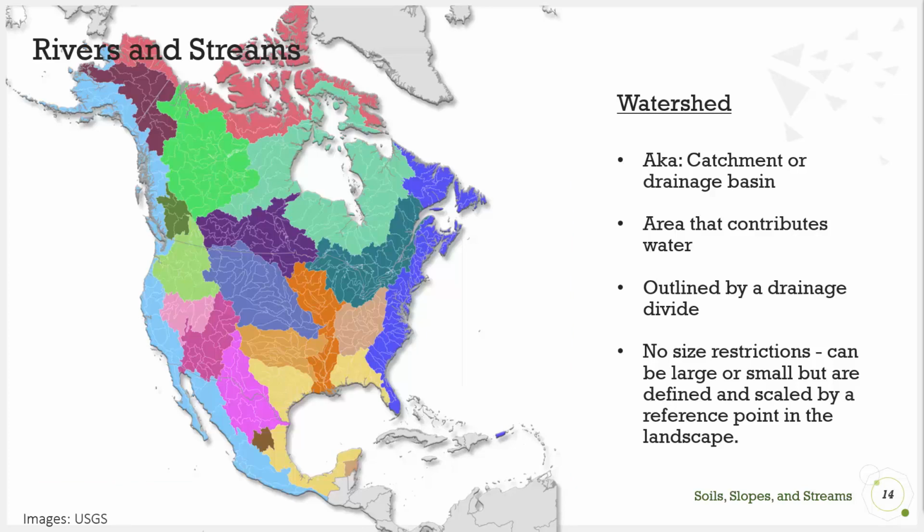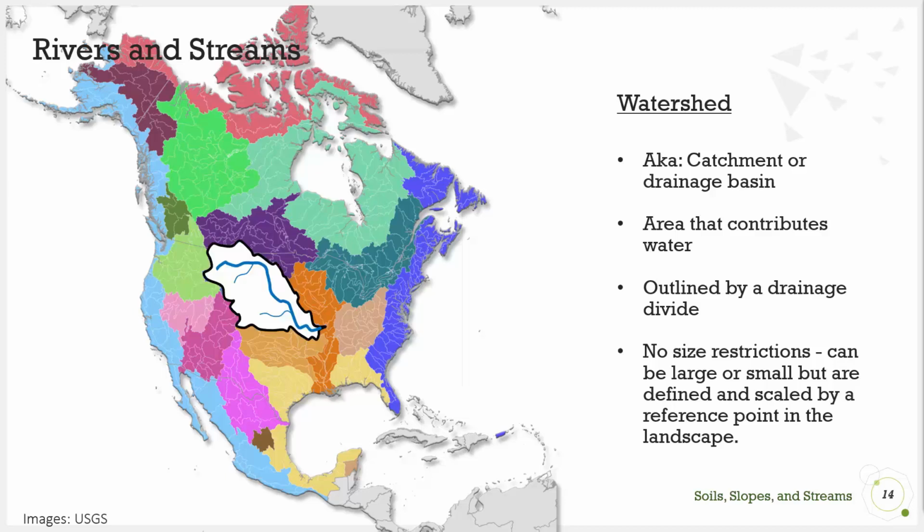We can also define a watershed at a really large scale. Here's a map of the major watersheds of major rivers in the continental United States. Each color shows the upstream area of a large river, defined at the point of either their outlet or confluence with an even bigger river.